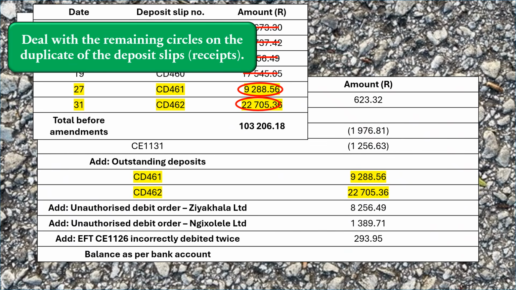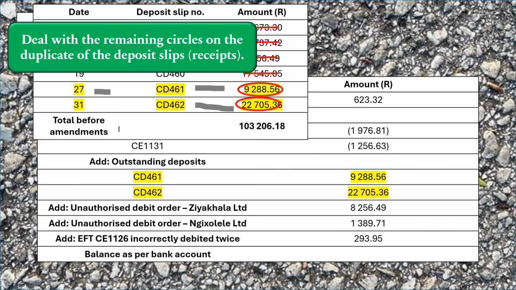Then what we need to do, we're getting to the end of this, on the total in our cash book receipts, our cash receipts journal, there were 2 deposits that the bank hadn't accounted for yet.